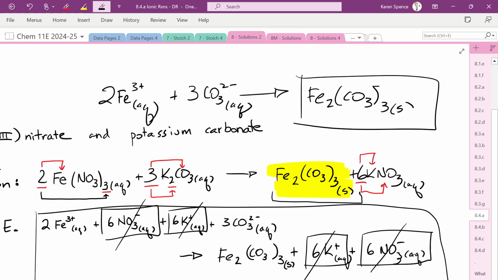It stays together. So that's going to be your actual product. So when you're writing the net ionic equation, that will be your product, and you'll write H plus OH gives water. So then solids and liquids would stay the same, but all the aqueous come apart. Yeah. Solids and liquids stay together. Aqueous come apart.